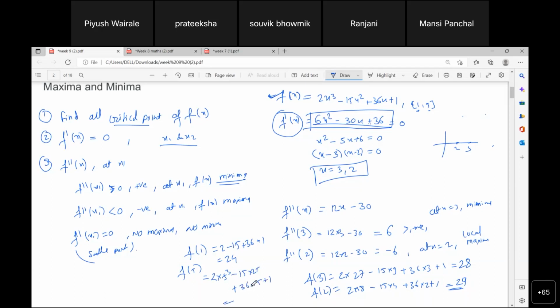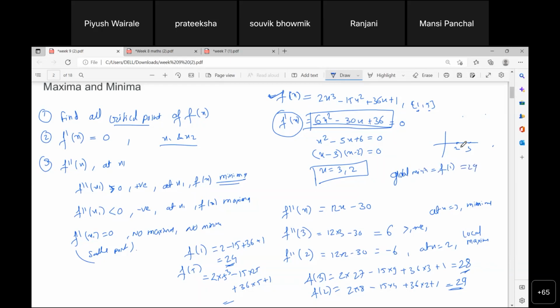So at f of 1, I am getting 24. My global minimum will be at x equals 1 because I'm getting the value 24, which is less than my local minimum, 28. So my global minima, or absolute minimum, will be at x equals 1, that is 24.